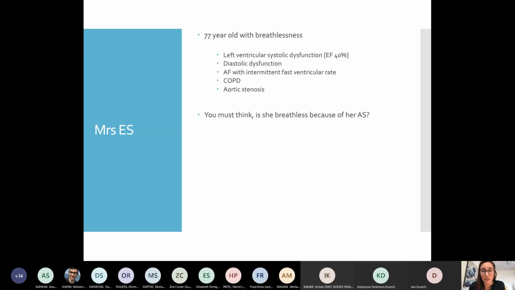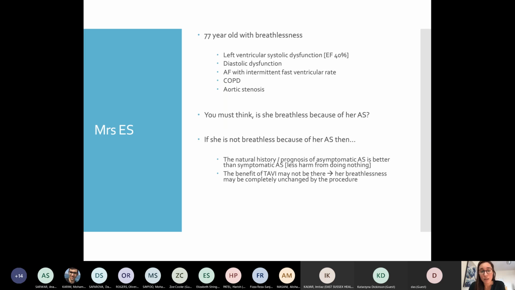So what you need to ask yourself is, is this lady breathless because of her aortic stenosis? Because if she's not breathless because of her aortic stenosis, but because of other things, then firstly, the natural history and prognosis of someone without symptoms from severe aortic stenosis is better than somebody who's symptomatic from aortic stenosis.